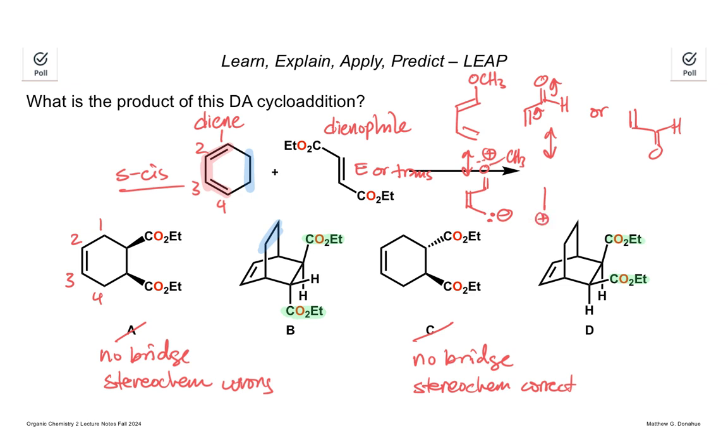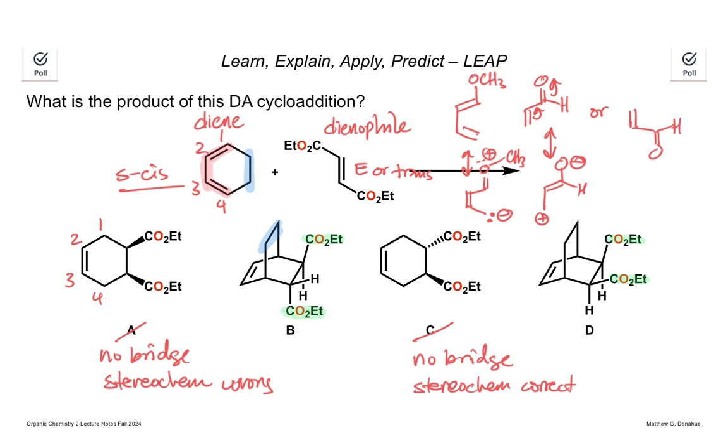So that carbon gets a plus, there's a double bond, and then there's O minus. So the issue at hand is when those terminal carbons of the diene approach the dienophile, how is that dienophile oriented? So you can see that we want to match polarity. Negative is attracted to positive. So we're going to form that bond, and then we're going to form the bond from the other carbon back to this carbon bearing the substituent.